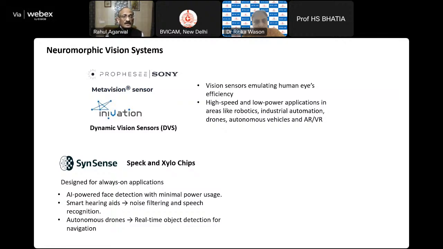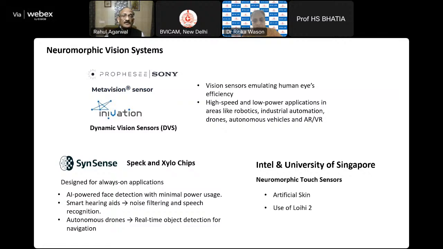They also have solutions for hearing, such as smart hearing aids, which allow noise filtering and speech recognition, and they can be used in autonomous drones with real-time object detection for navigation. So these chips are very useful for applications with power constraints, like drones, where you again don't have much computing power at hand.